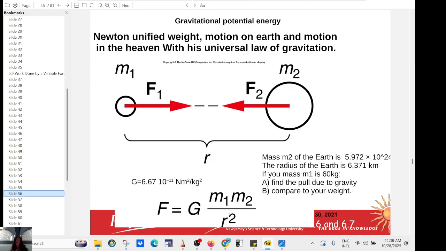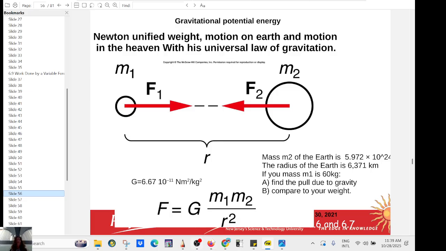Proportional means when you translate that with math, you multiply. Multiply M1 by M2, because we don't want to have favoritism. There is no reason M1 should have a square and not M2, so M1 times M2. And it's inversely proportional to the distance, obviously, because when you move those masses apart, the force will decrease. That makes sense. But it's inversely proportional to the square of the distance.